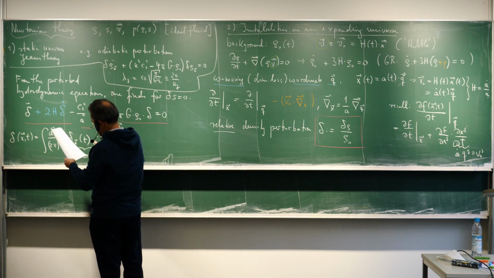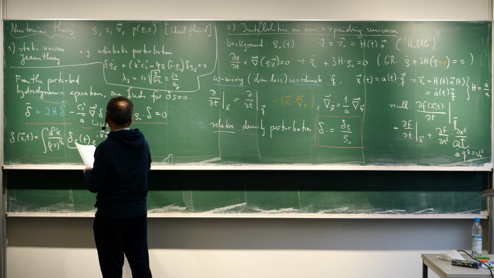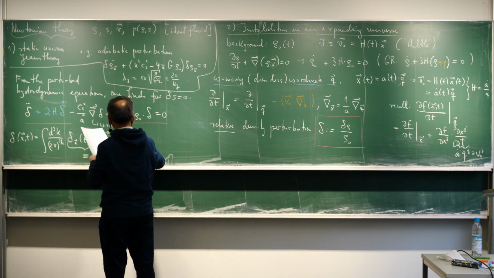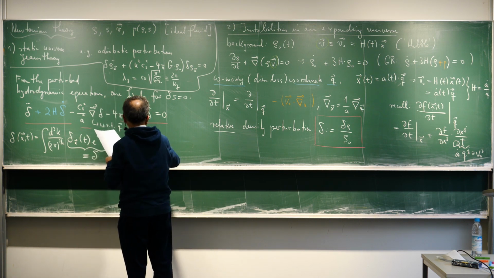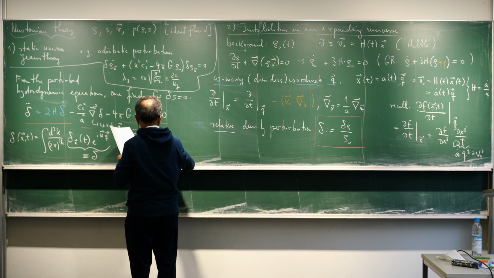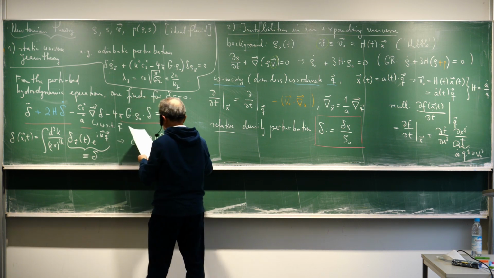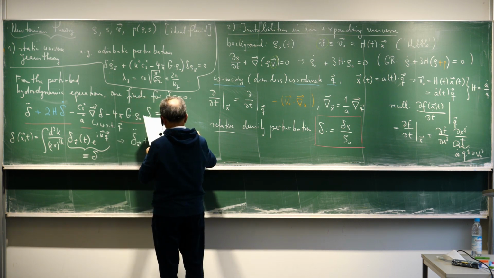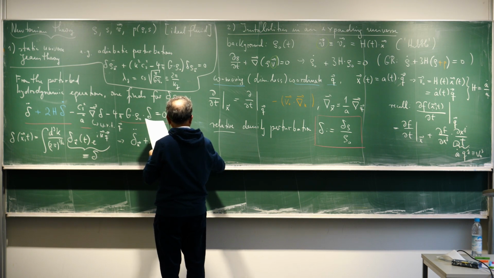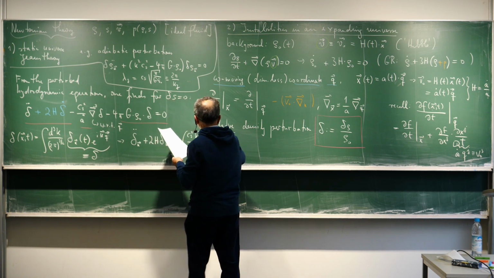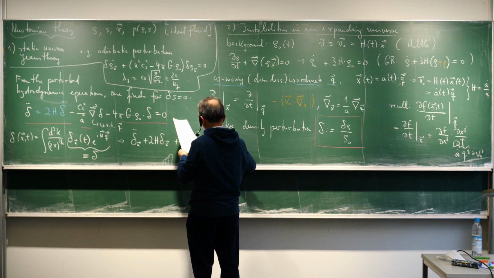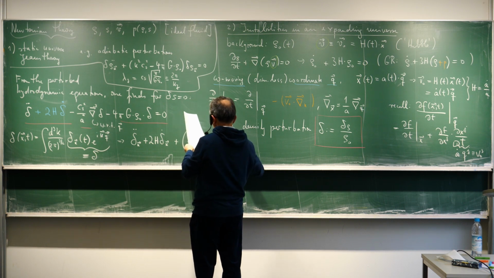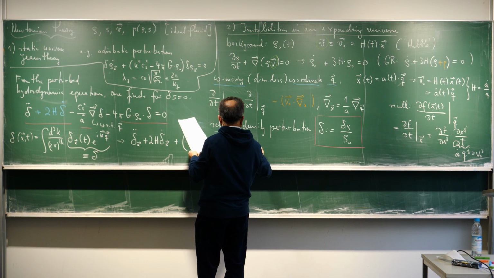Then we have from this equation that delta k double dot plus 2h delta k dot, and then plus cs squared k squared over a squared minus 4 pi g rho naught times delta k equals 0.